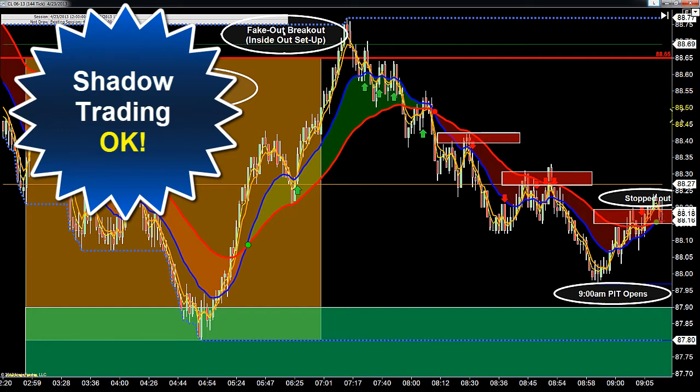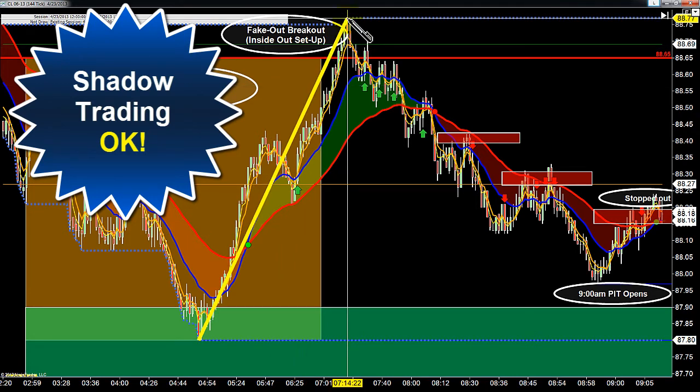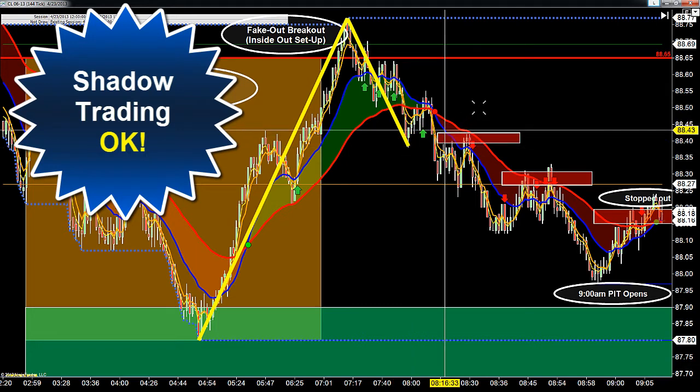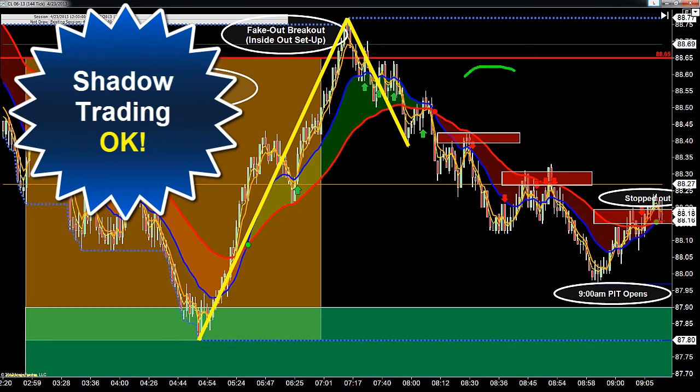First things first, find direction. Once we find direction, I want to then look for entry signals that occur after we've changed from bullish to bearish. See, this entry trigger indicator is pretty darn smart.